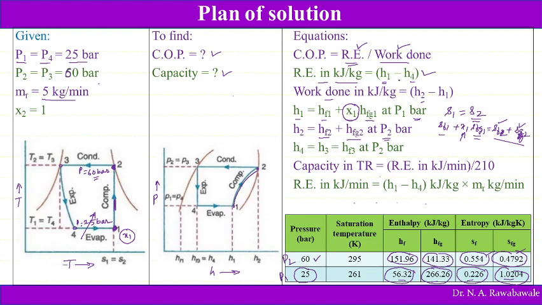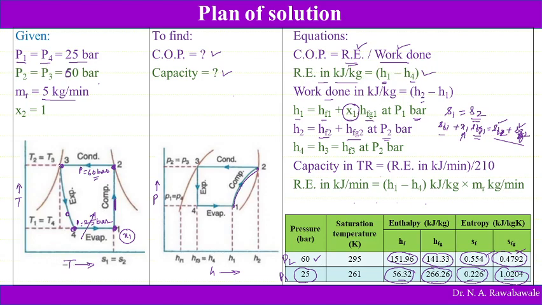Now what is to be calculated is H4, the enthalpy at point 4. We know the process 3 to 4 is a throttling process, and for a throttling process, enthalpy before throttling is equal to enthalpy after throttling. That is, enthalpy at point 3 is equal to enthalpy at point 4. It is better to find enthalpy at point 3, because we know the condition of the refrigerant at point 3: it is a saturated liquid.